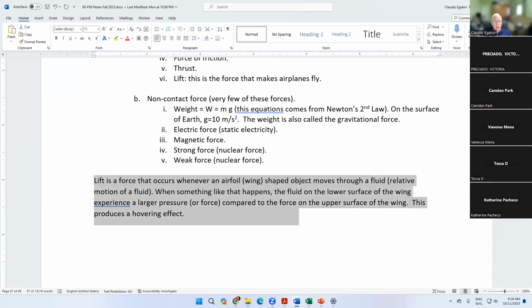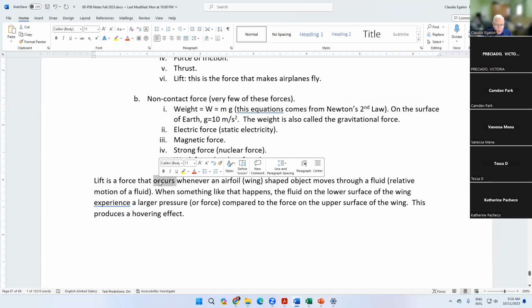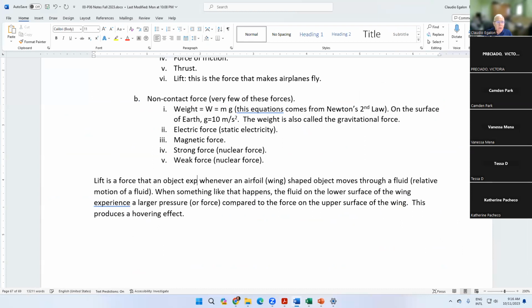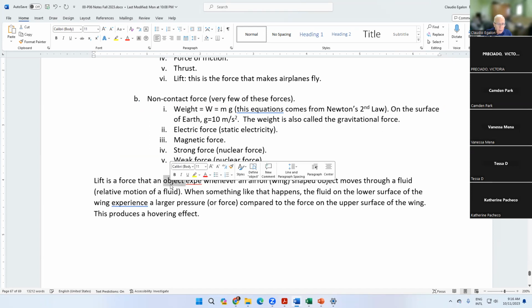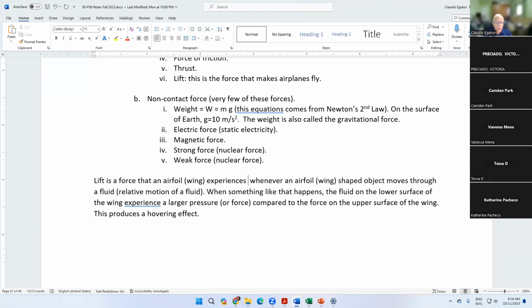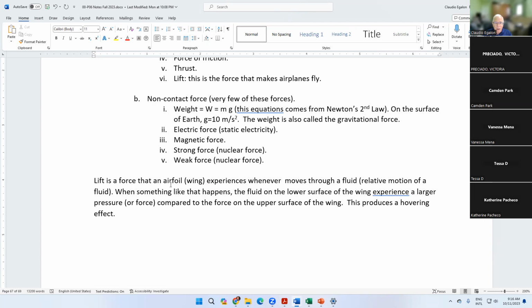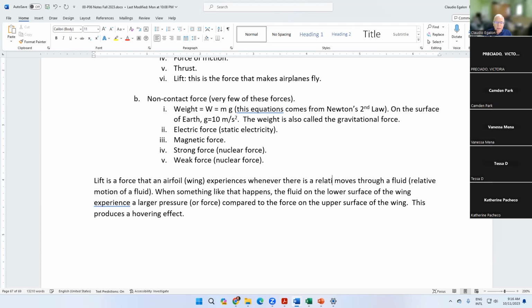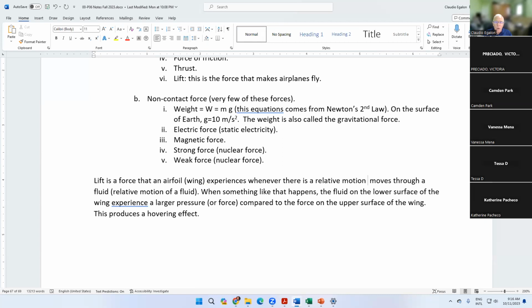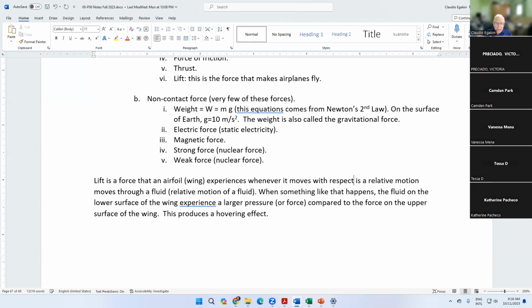Okay, lift is the force that an airfoil or wing experiences whenever there is a relative motion, whenever it moves with respect to a fluid.